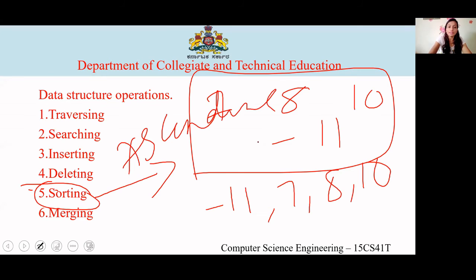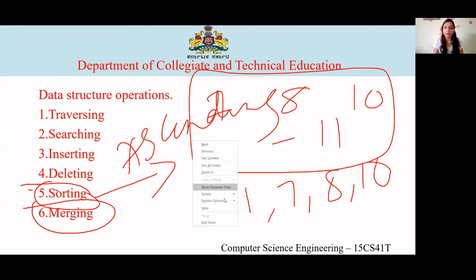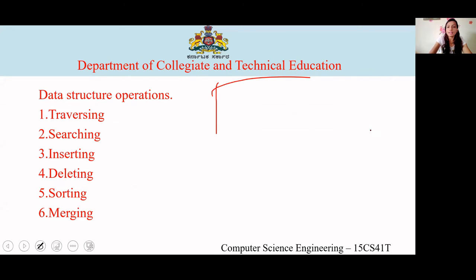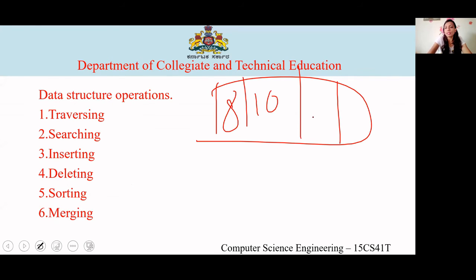And the last one is merging. Merging means combining the records. In some places, you remember binary search, what we use is divide and conquer. We will divide a bigger list. Maybe I want to sort 1 million values. Here I'm writing only 4 values because I can't write 1 million.